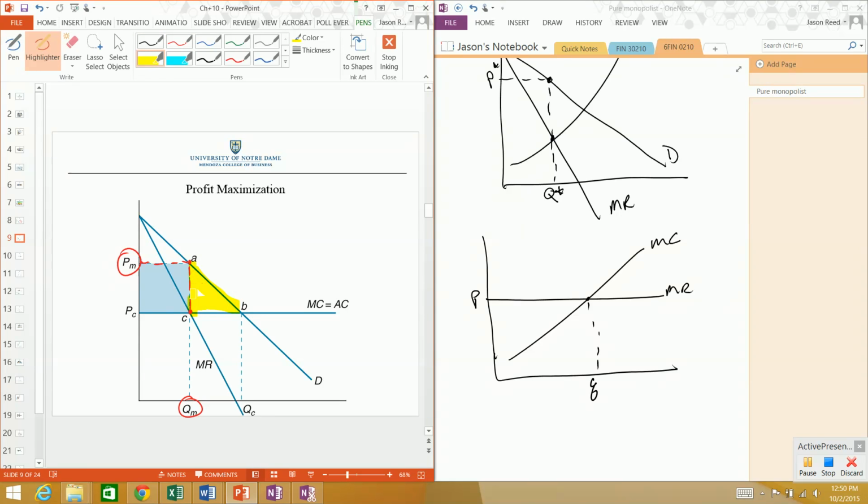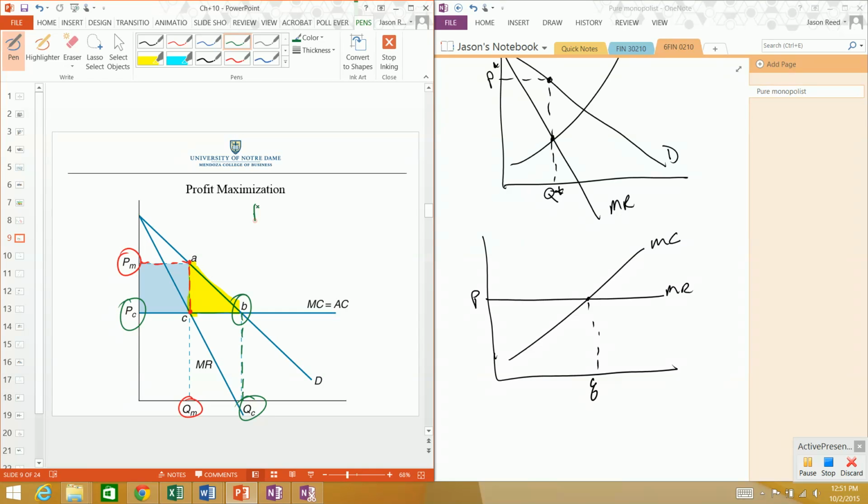Why do we know it's a loss? Well, optimality in terms of perfectly competitive instances would result in an outcome of point B, where marginal revenue is equal to marginal cost. And that would occur at QC, and that would occur at price PC.